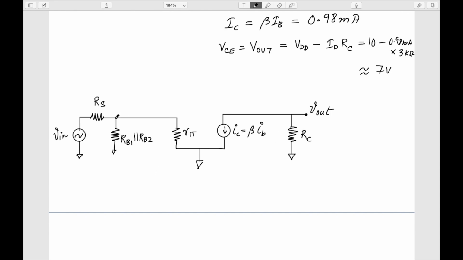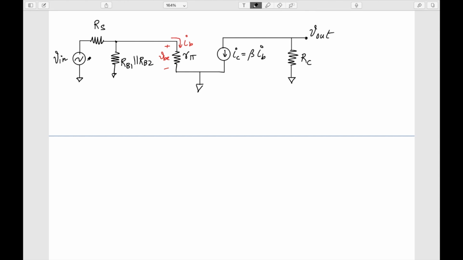Let's work step by step and try to find it. Note that I'll be developing this voltage VBE, and the current IB will be passing through R pi. To find this current IB, I first find the voltage VBE, and VBE by R pi will give me IB. So my VBE voltage, based on a simple voltage division: R pi and RB1 parallel RB2 are in parallel.